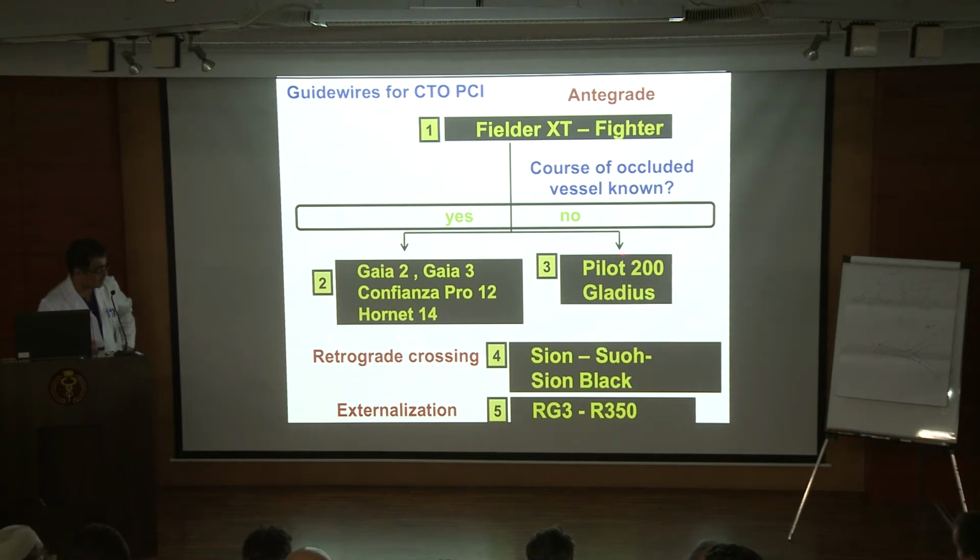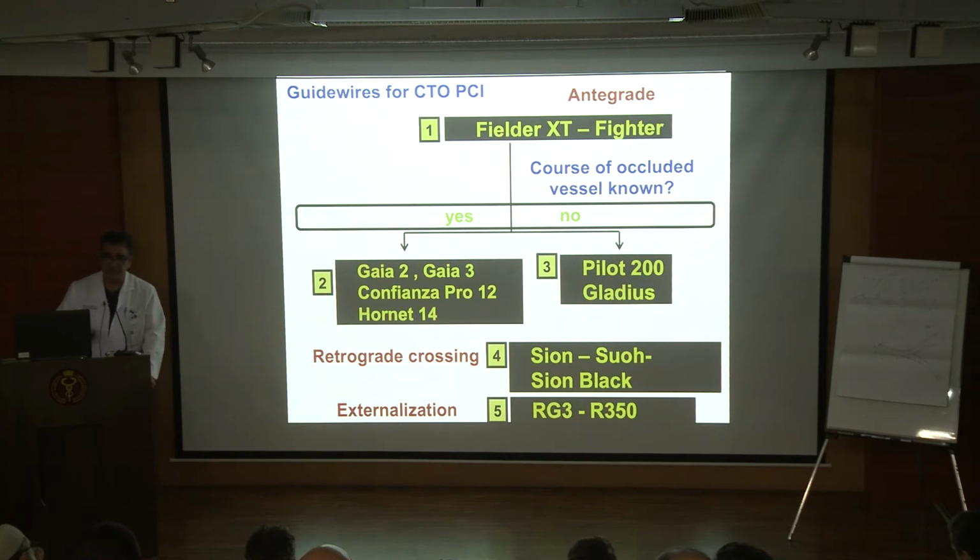You use the polymer jacketed wire, as we discussed earlier, either Pilot 200 or the Gladius or the Mongo. They're all about the same. And these are for the retrograde we already talked about. So keep this algorithm in your thinking process: if you believe that all CTOs have a microchannel, use the Fielder and then escalate further up, depending on whether you understand the course of the vessel.